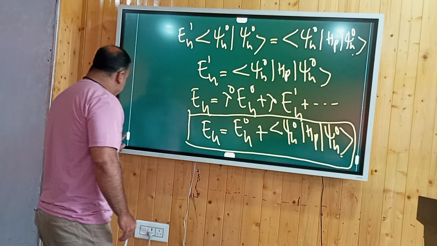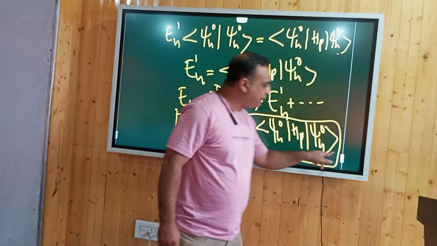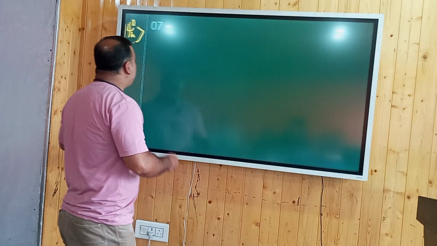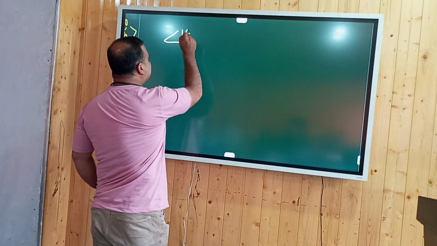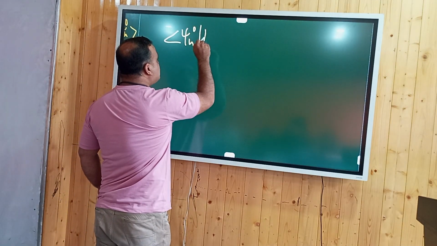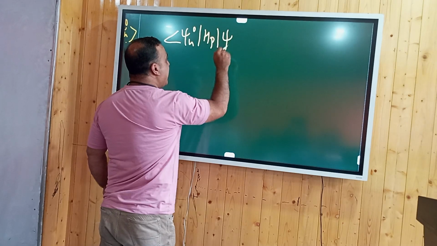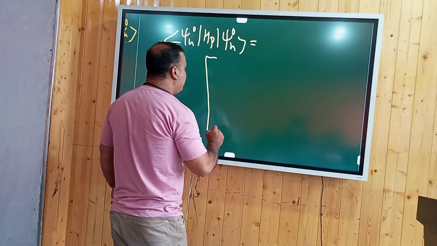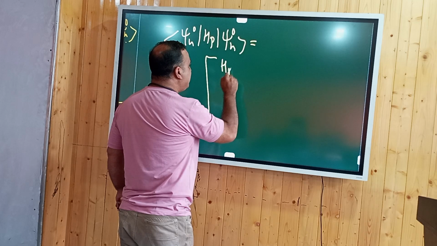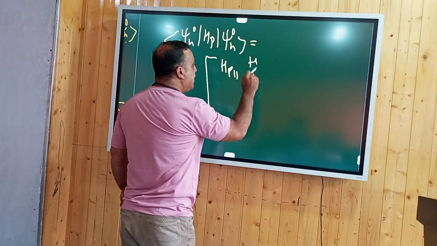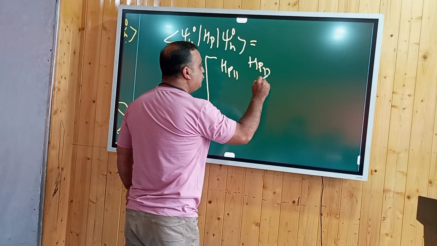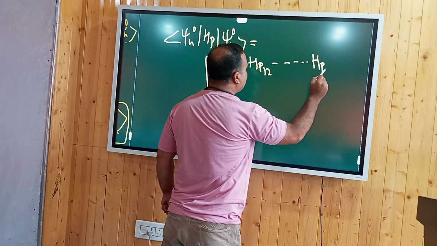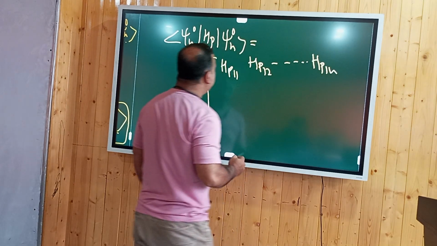So we can even think of writing down this matrix element, right? How can you write it down? This matrix element ψn0, HP ψn0 is going to be a matrix HP: HP11, HP12, all the way to HP1n.